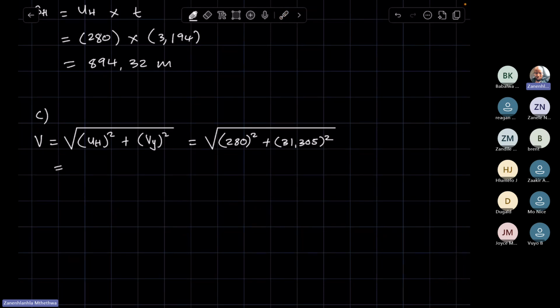So the square root of 280 squared plus 31.305 squared is, so I'm getting here 281.745 meters per second.